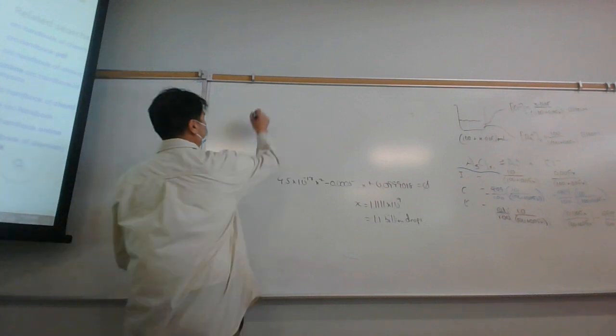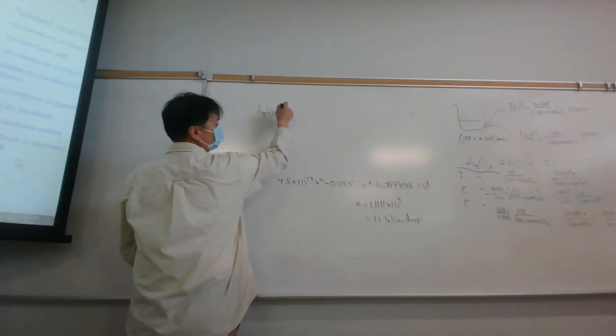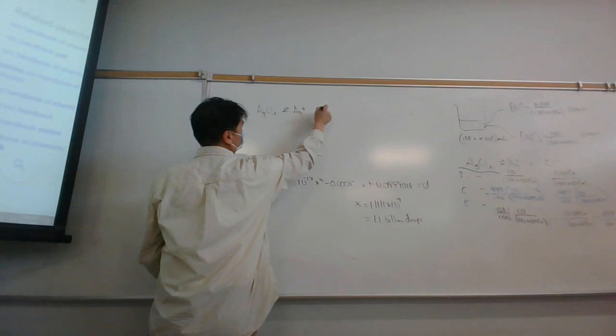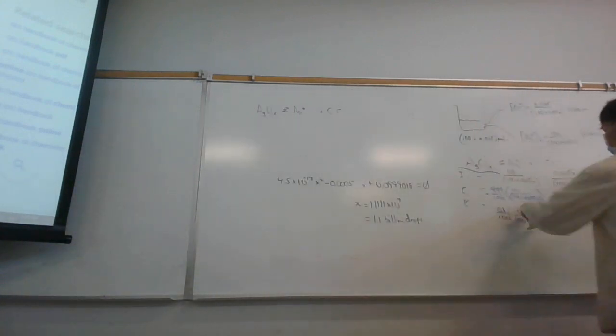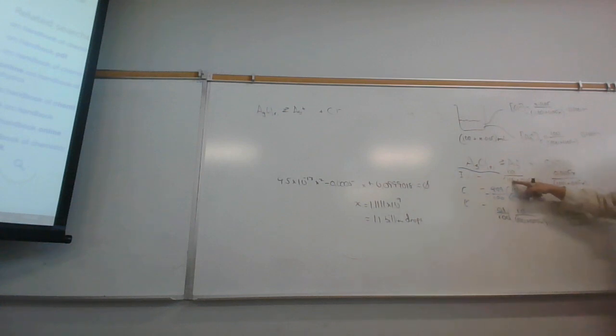So silver chloride. We'll put in this value here. I'm going to just do this in the denominator first. So 0.05 times 1.1111 times 10 to the 9, plus 100, because 100 is not going to make any difference to that.